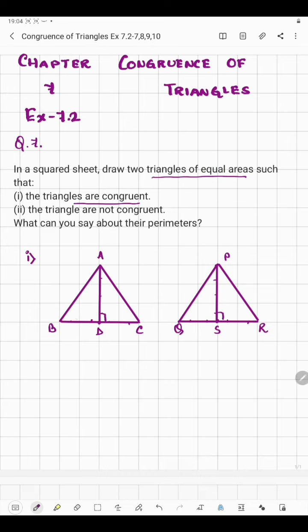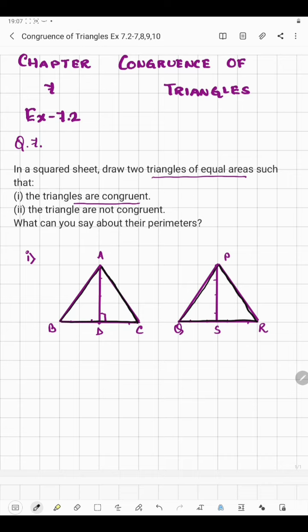Now ABC and PQR have the same area, and the triangles are congruent. Now if they are congruent, their perimeter will also be the same. If you see the figure here, the base in both triangles is the same, 4 units, and the two sides are drawn using 3 boxes in both triangles. So the perimeter will be equal in both triangles.